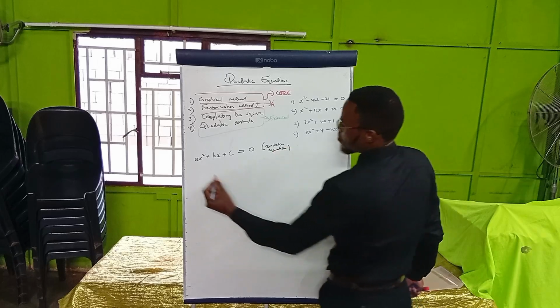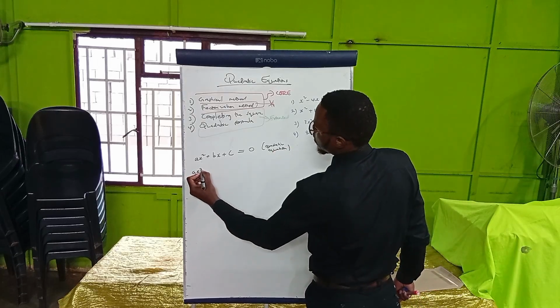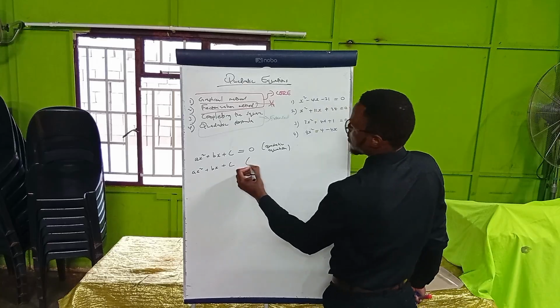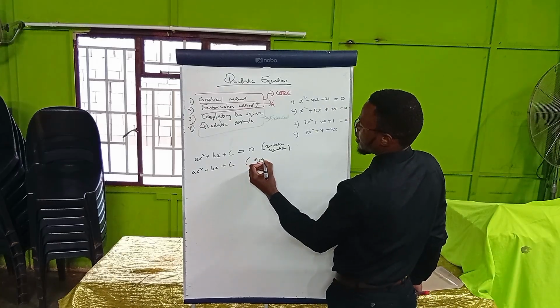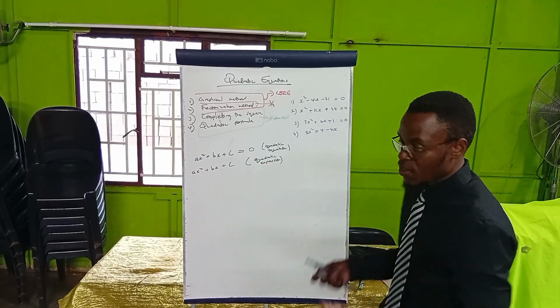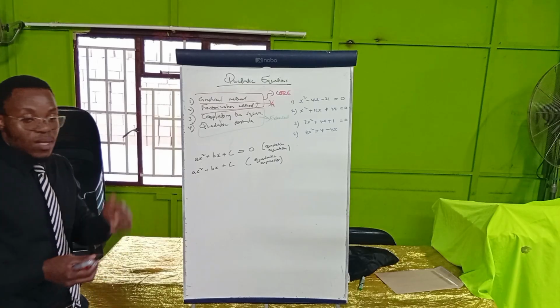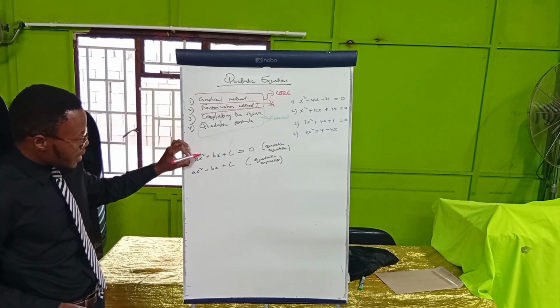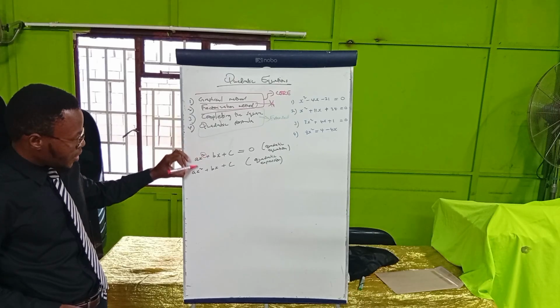Now, once we have something like this, ax squared plus bx plus c, this is a quadratic expression. So why is it called a quadratic equation? First of all, we want to note that the highest power of x is 2.